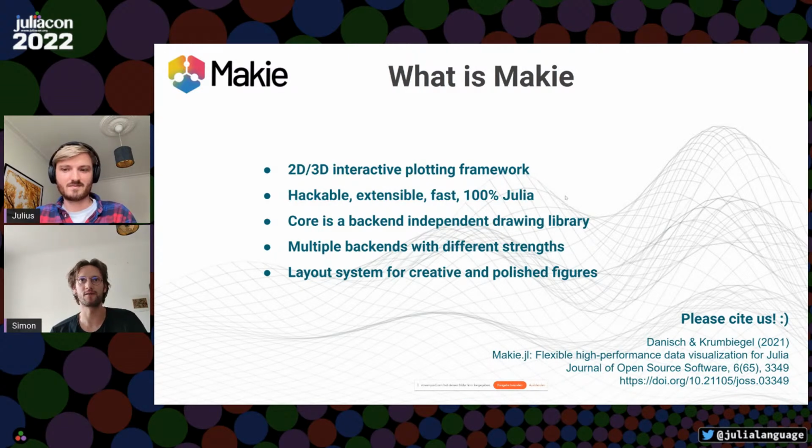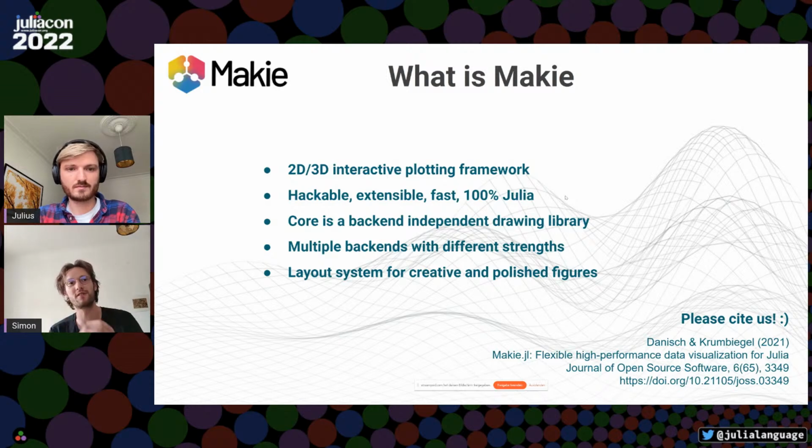And what was really important to me is that the core building blocks are like a backend independent drawing library, because with other plotting libraries, I made the experience that you can do super nice plots with a high level API, but then you just want to add a drawn arrow or something like that, and then suddenly it becomes really hard to do that in that high level API.